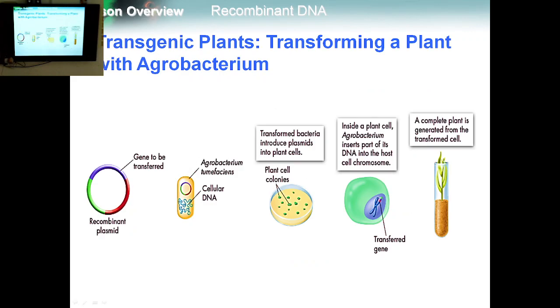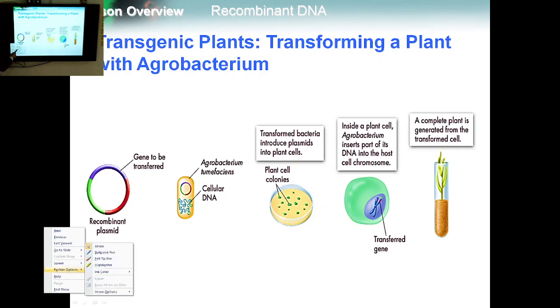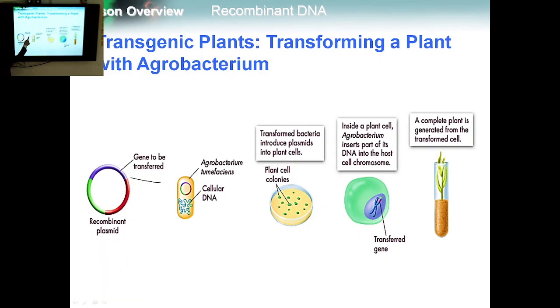Look at the picture again. This is the recombinant fragment or plasmid, and this is the gene to be transferred. This is the gene that we want to transfer. And once we insert the recombinant DNA or the recombinant plasmid in the bacteria, then the bacteria will infect the plant cell colonies.